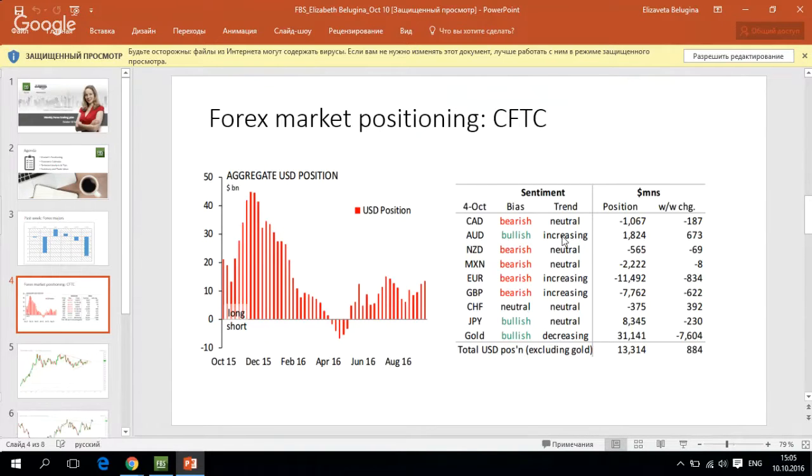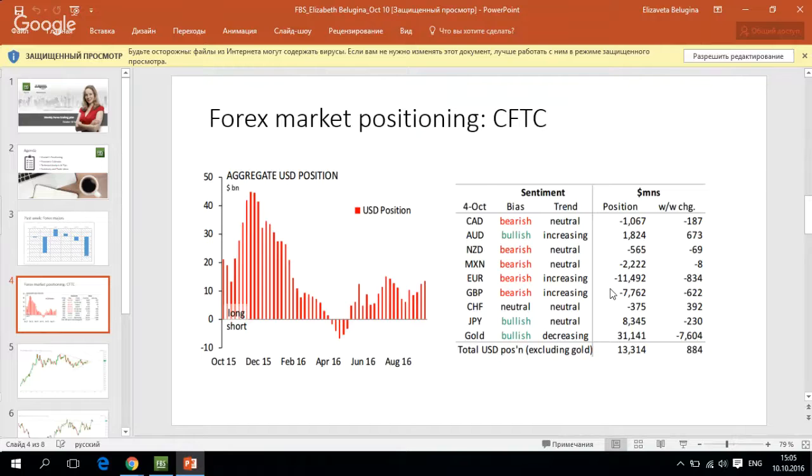So these are the data of the week which ended on October 4th. Here we can see that despite the time lag I've mentioned, the data offers us some information on the key currency pairs and how the market sentiment is moving.